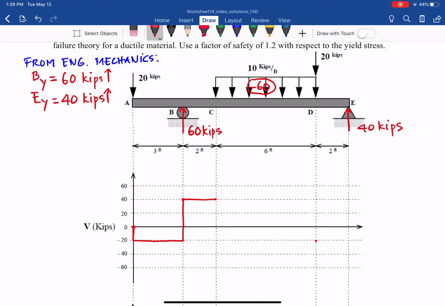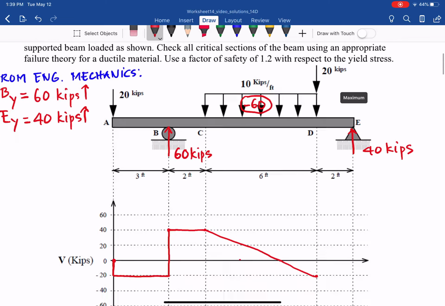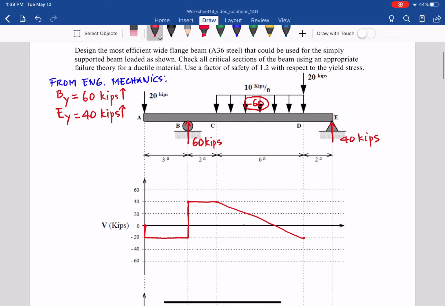So you have it go down to negative 20. And then at D we have a load of 20 kips going down, causing a discontinuity down another 20 kips, so it will be negative 40.